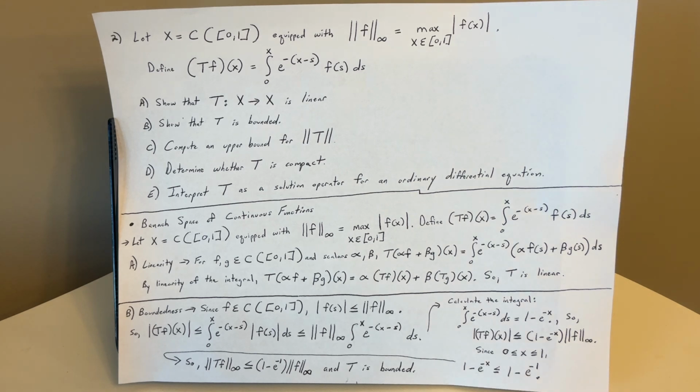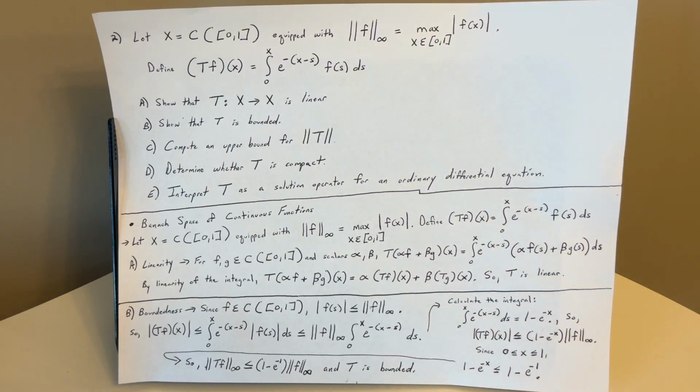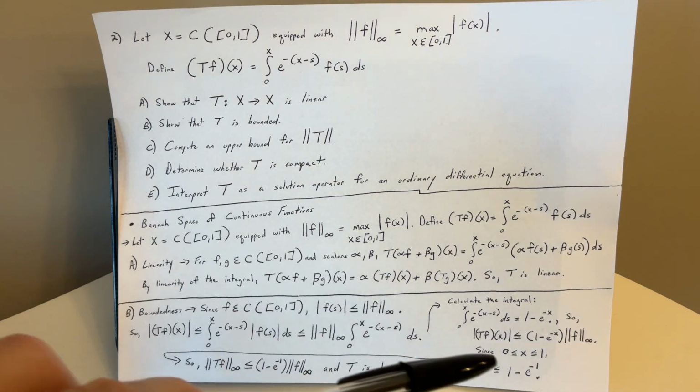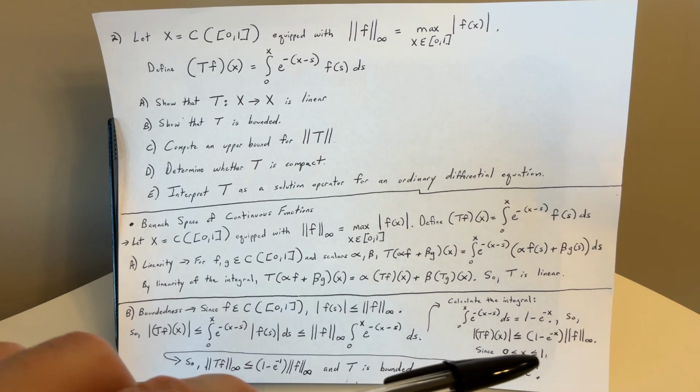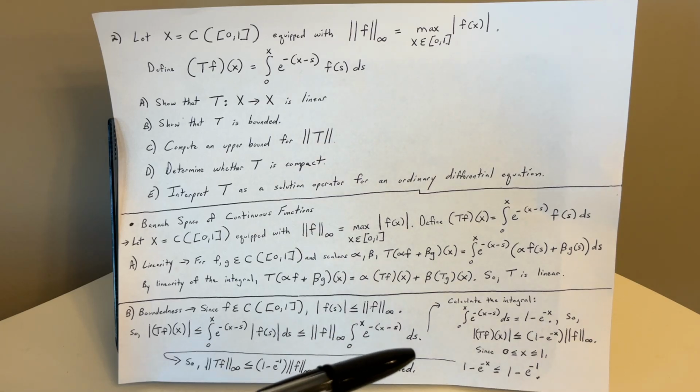Some of the steps are left out of the computation. If we calculate the integral from 0 to x, we get 1 minus e to the negative x. So the absolute value of T applied to f at x is less than or equal to quantity 1 minus e to the negative x, times the norm of f, infinity.